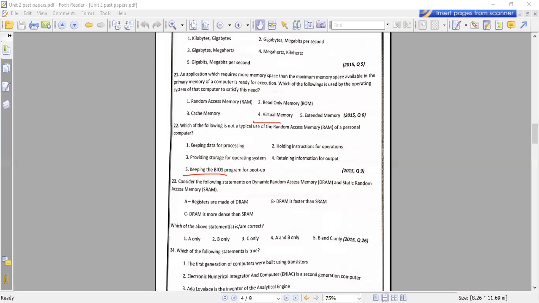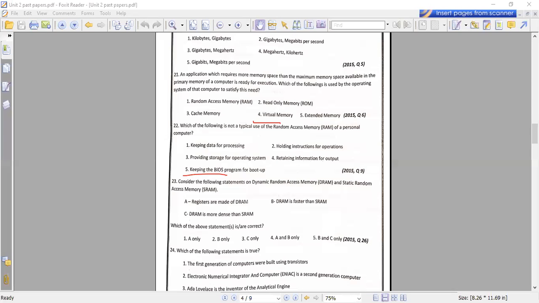We'll go to the third question, 23rd. Consider the following statements on dynamic random access memory, DRAM, and static RAM, SRAM. Registers are made of DRAM. DRAM is faster than SRAM. DRAM is more dense than SRAM. Registers are actually made from SRAM, not DRAM. That's wrong. DRAM is faster than SRAM?